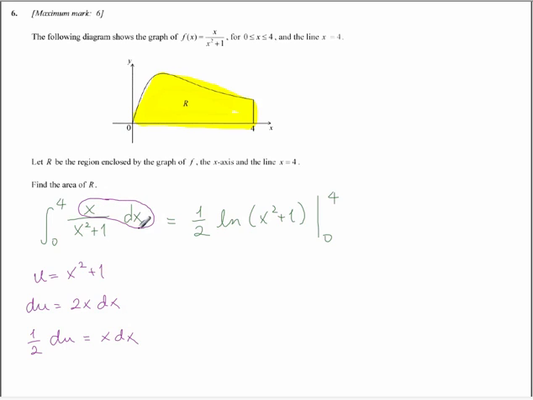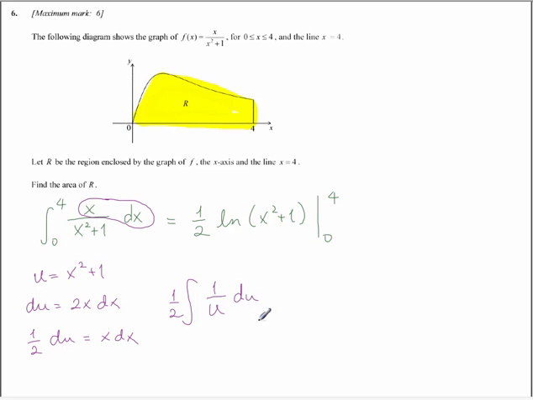Instead of x dx, I'm going to put 1/2 du. And x squared plus 1 is u. So I can rewrite that integral as 1/2, maybe put it outside, 1 over u du. Okay, replacing x dx with 1/2 du, and in the denominator x squared plus 1, I'm putting u.